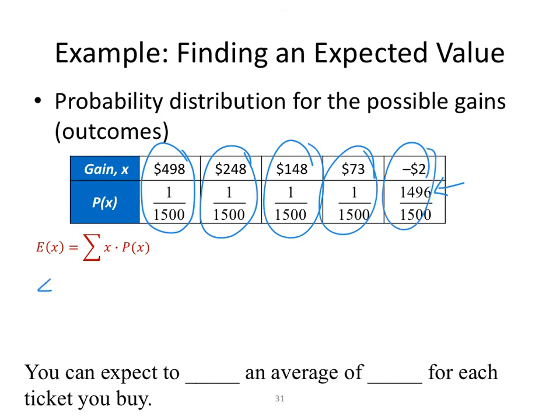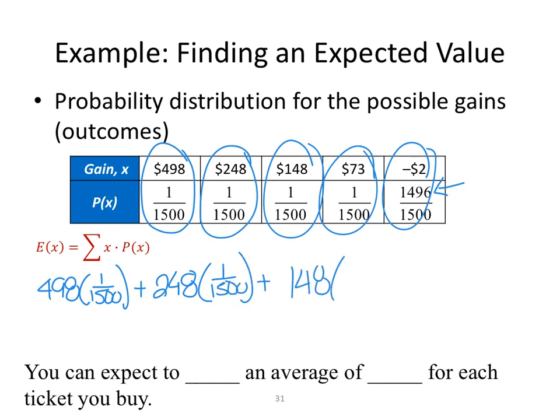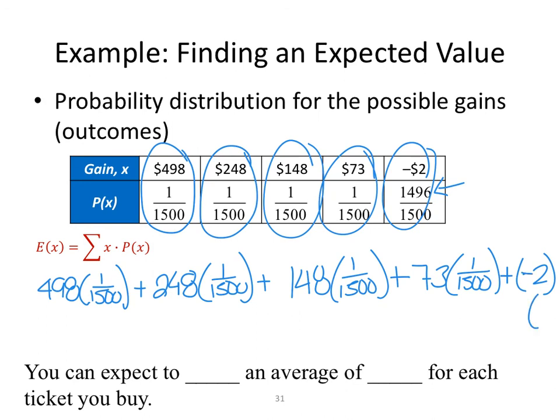So I've got 498 times 1 over 1500 plus 248 times 1 over 1500 plus 148 times 1 over 1500 plus 73 times 1 over 1500 plus that negative 2 times 1496 over 1500.